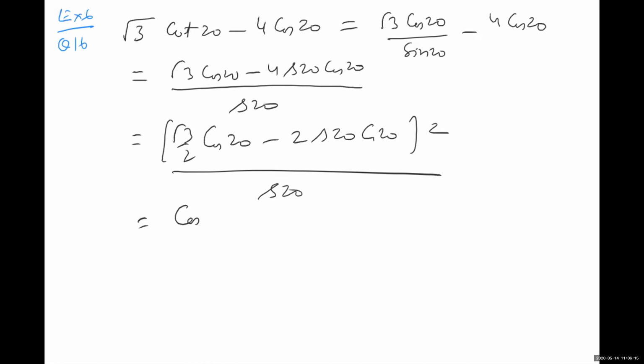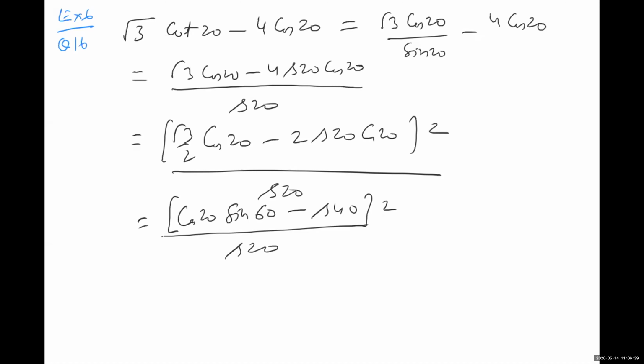And this is a cos, okay. Cos 30 you can write as cos 20 sin 60. So you can write this as cos 20 sin 60 minus sin 40 into 2. Shouldn't it be 2 sin 40?